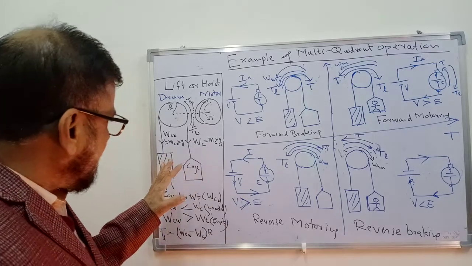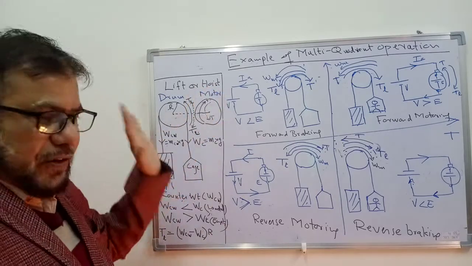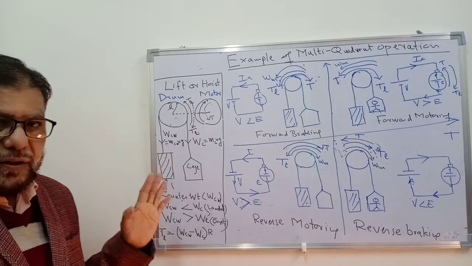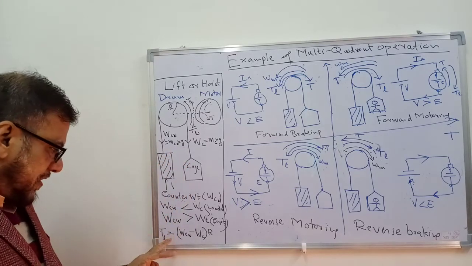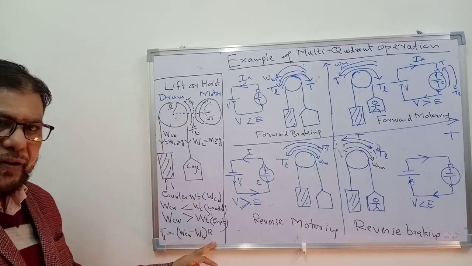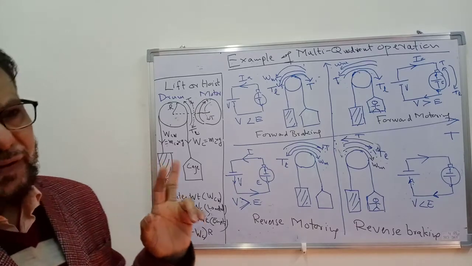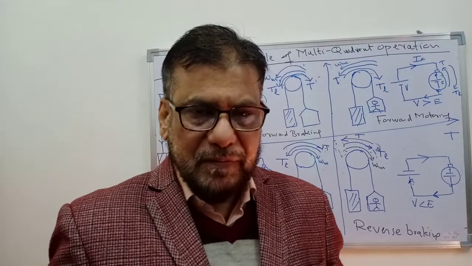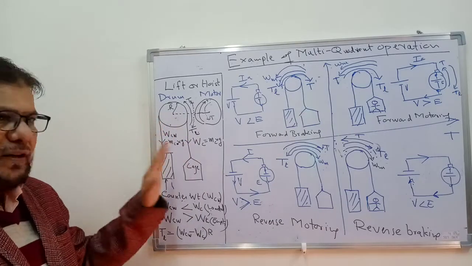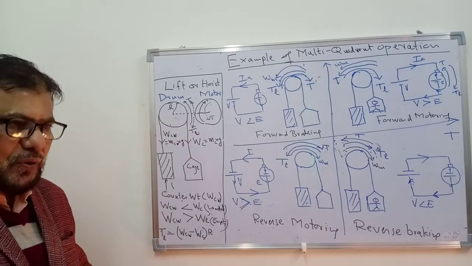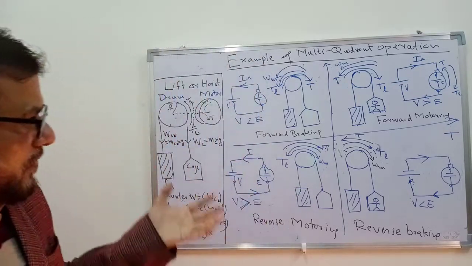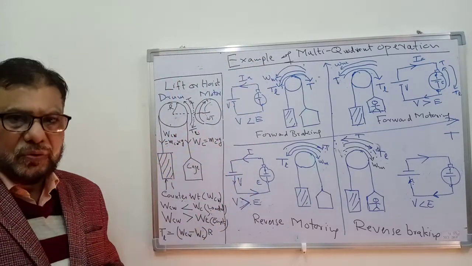Now here I have shown one case of lift. As you can see here, the load torque which is acting here is some weight which is constant multiplied by R. So this load torque is independent of speed. Whatever the speed, the load torque will remain constant. Such a load is known as a constant torque load.